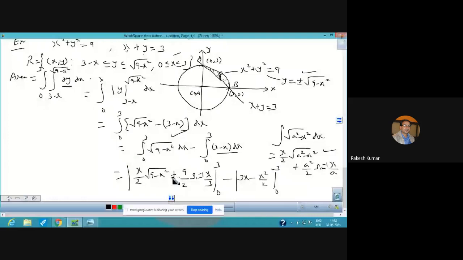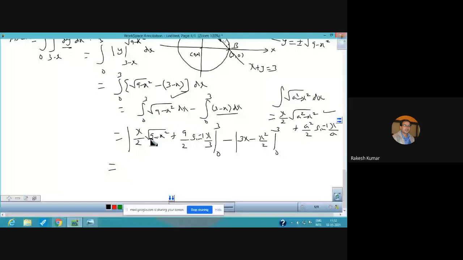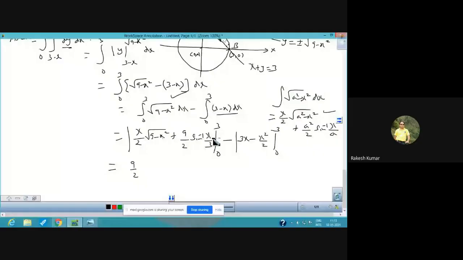Now you can substitute the upper limit and lower limit correspondingly. When you substitute 3 here, you will have 9 minus 9, which gives 0. So 9 over 2 sine inverse, that is 3 over 3, that comes out to be 1.